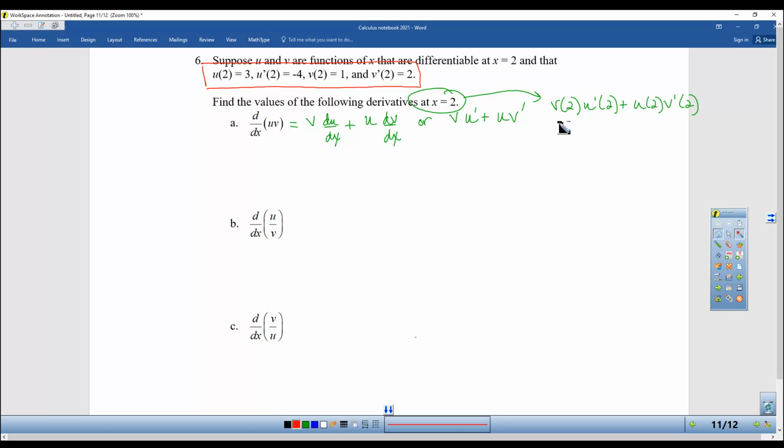So v of 2 is 1. u prime of 2 is negative 4. u of 2 is 3. And v prime of 2 is 2. And negative 4 plus 6 is 2.